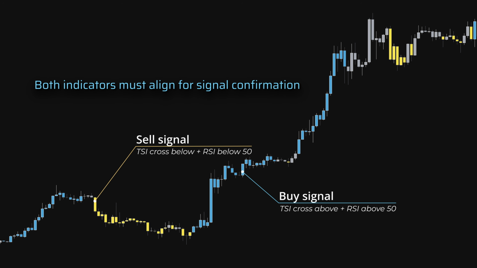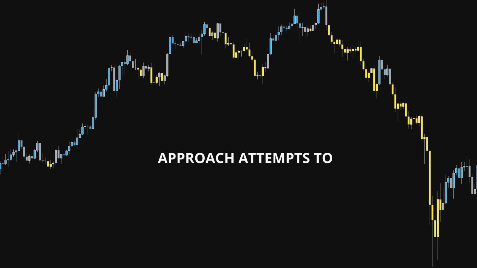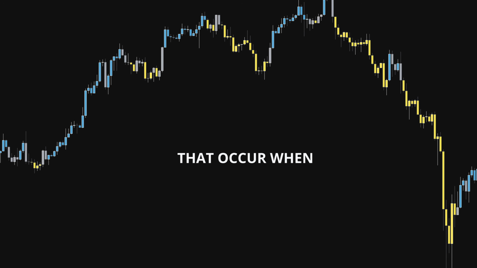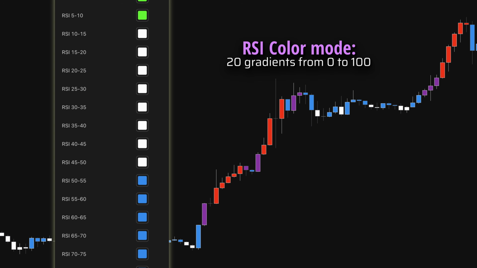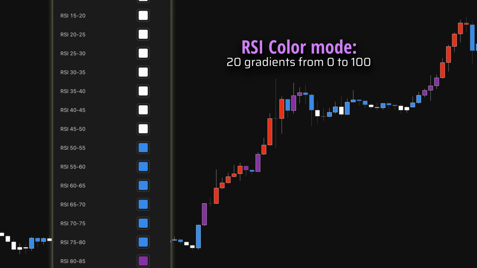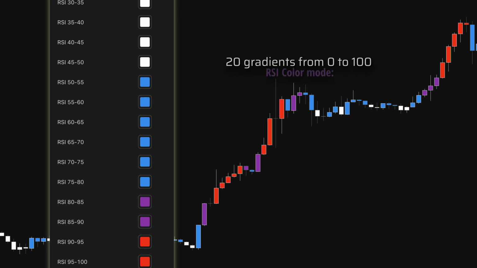TSI must cross above its signal line, while RSI stays above 50 for buys, with inverse conditions for sells. This dual confirmation approach attempts to reduce false signals that occur when momentum indicators conflict. The RSI color mode assigns 20 distinct color gradients based on RSI values in 5-point increments from 0 to 100.